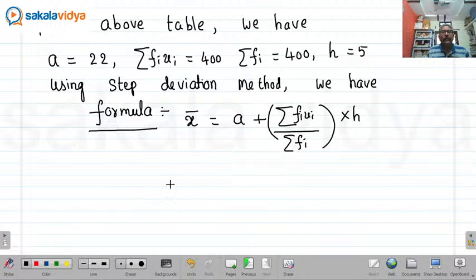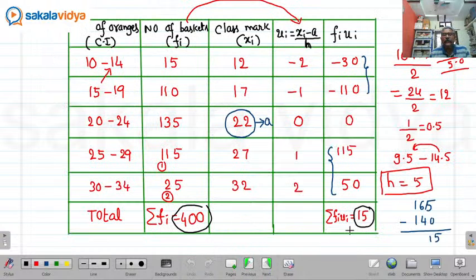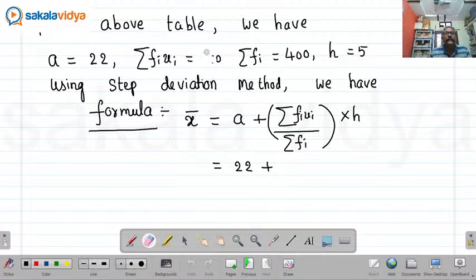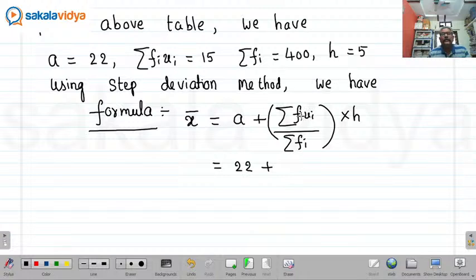Right. So now this equals, we can write 22 plus sigma Fi Ui is 15, upon sigma Fi is 400, into 5.